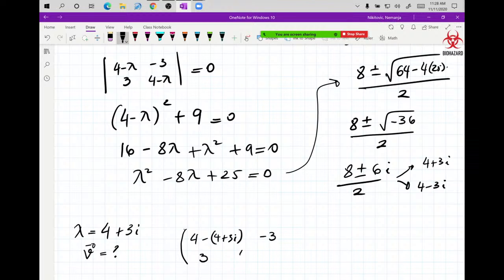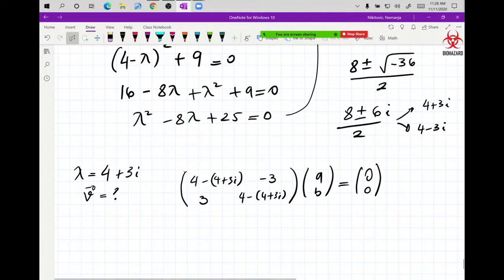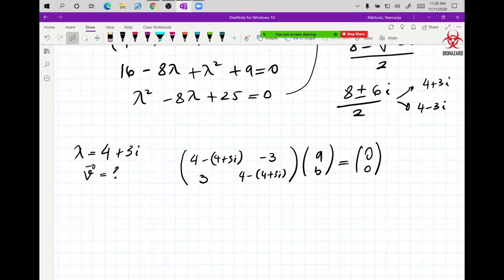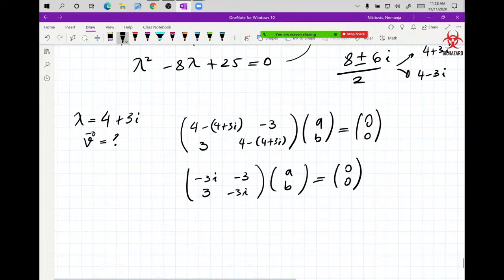And then I have, again, the same thing, times a, b, which are either real or complex, to give us 0, 0. So it's the same calculation as before. Now it's just complex numbers all over the place. Now, what is my matrix over here? 4 minus 4 is 0, so I'm getting negative 3i, negative 3, and then I have 3 and negative 3i, times a, b to give me 0, 0.